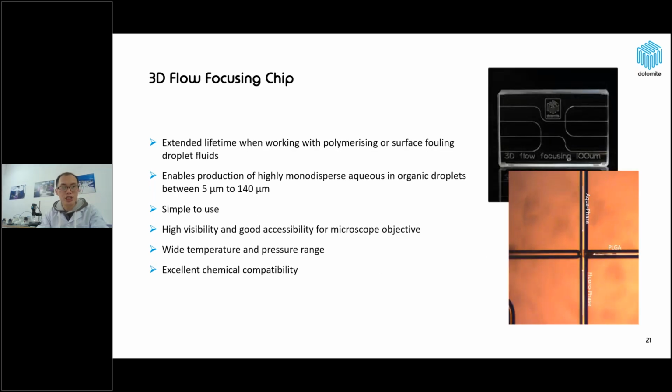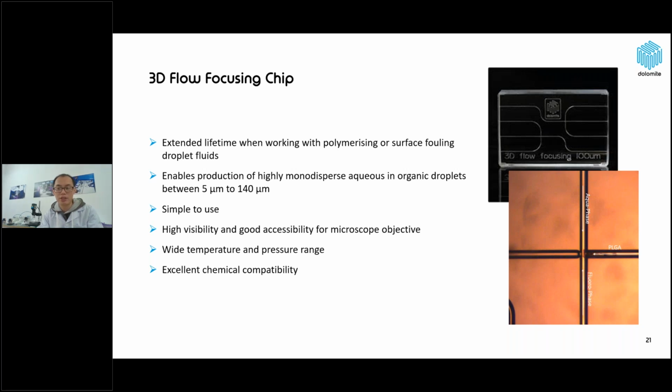So another type of chip we have is the 3D flow focusing chip. It's suitable for generating highly monodisperse droplets between 5 micrometers and 140 micrometers. The chip carries two identical but separate flow focusing junctions. Each junction has one inlet for the droplet phase fluid and two inlets for the carrier phase fluid.